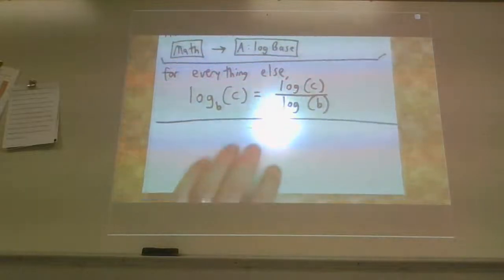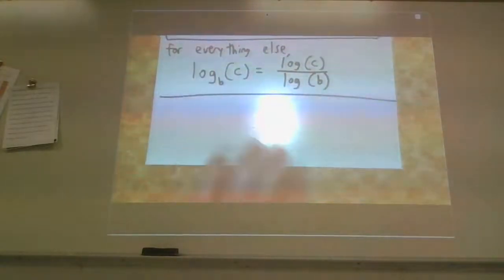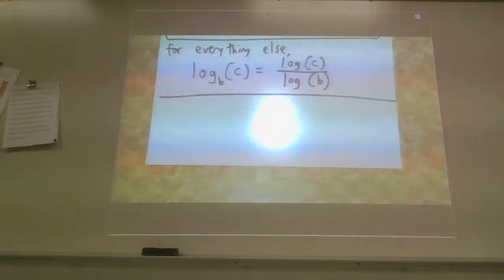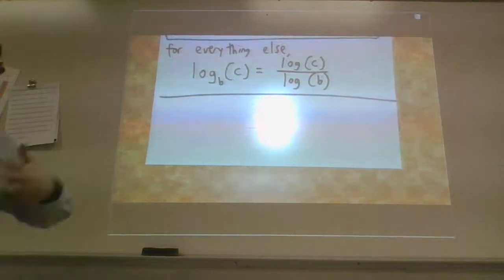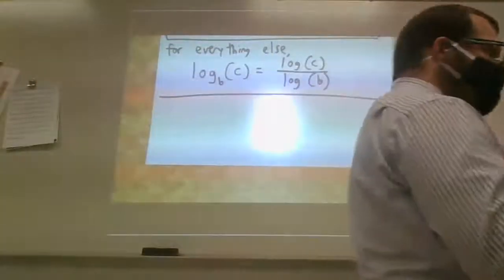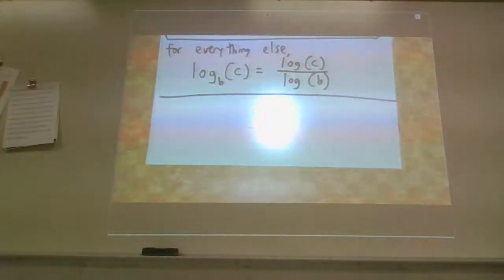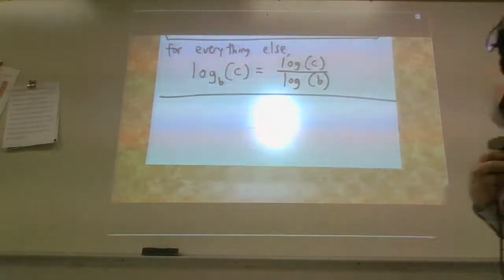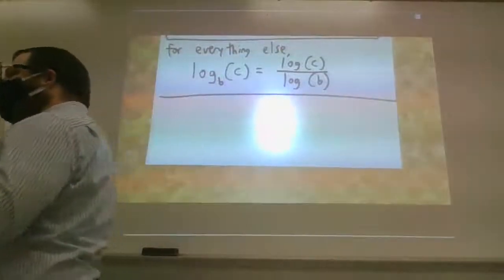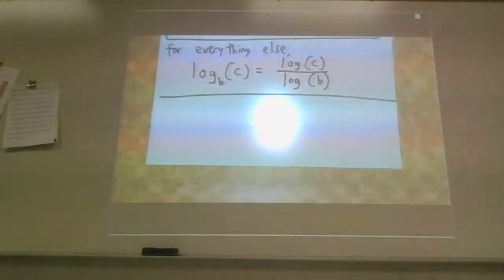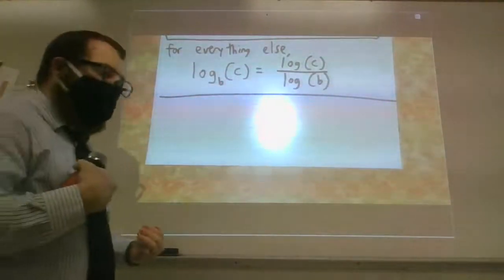Here's the reason why. Every single logarithm is programmed to be a certain base. The base that we needed in the calculator was log base 3. That's what we needed for our example.